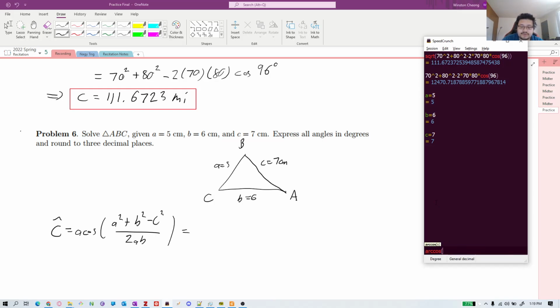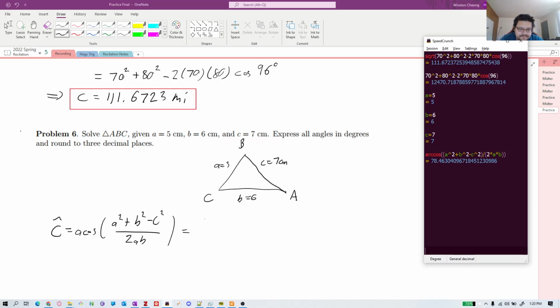I'm going to do this because it's going to make it a lot easier to see that I haven't done anything incorrectly. 2 times A times B. I've parenthesized both the numerator and denominator. If you're writing the expression in one line instead of writing a part of it, hitting enter, and then writing the other part, you do need to have parentheses both on top and bottom of the fraction.